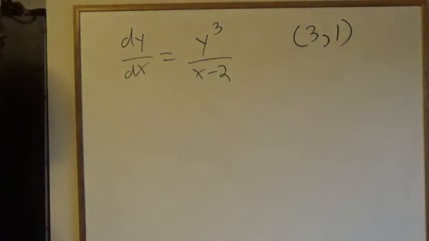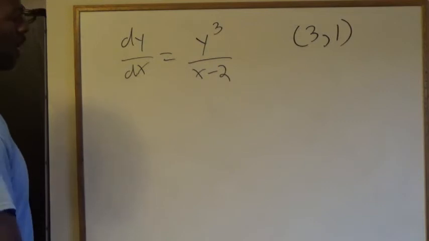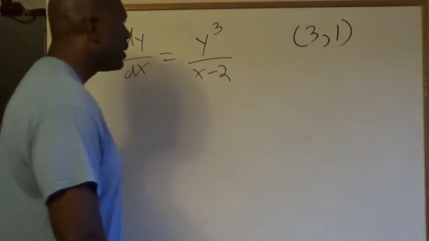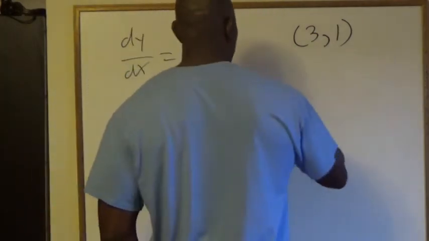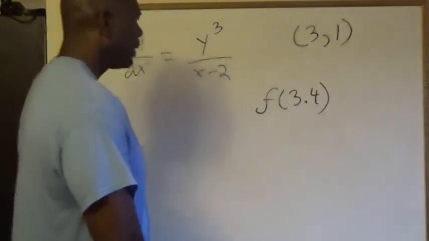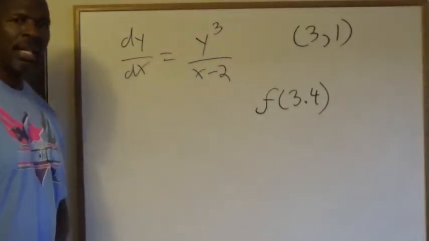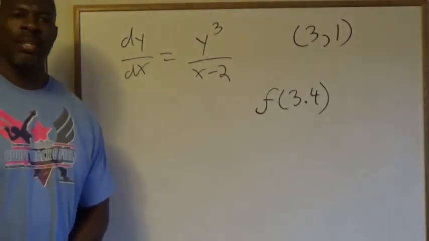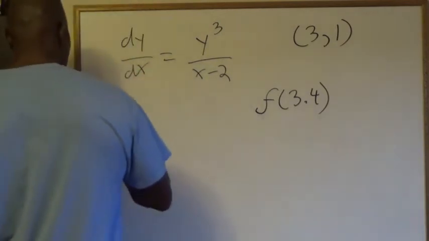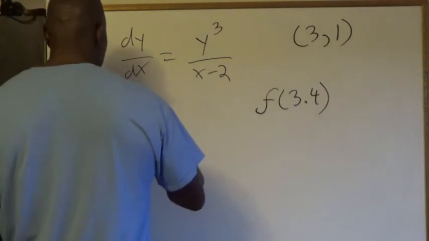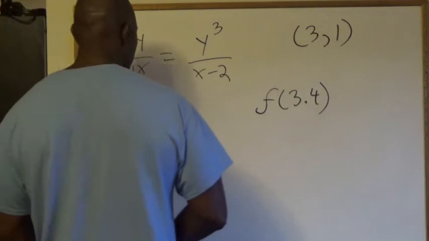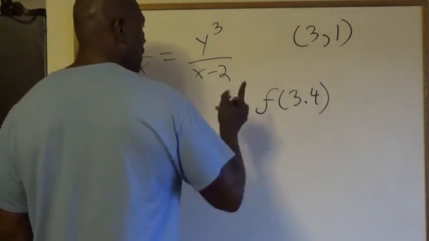Okay, so let's first find the equation of the tangent line and use it to approximate something that's close to 3. So let's approximate f of 3.4. To do the tangent line approximation, the only thing we really need to do is find the slope. The slope is the differential equation evaluated with the values of x and y in the initial condition.